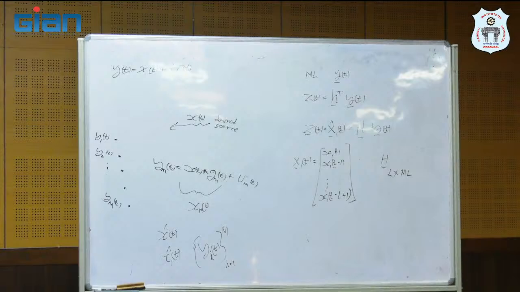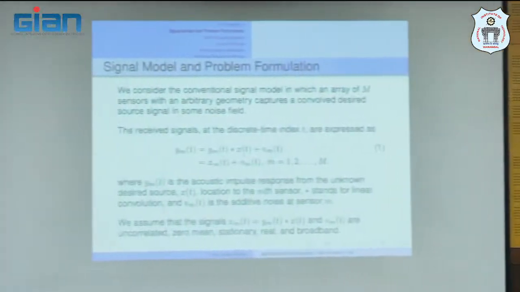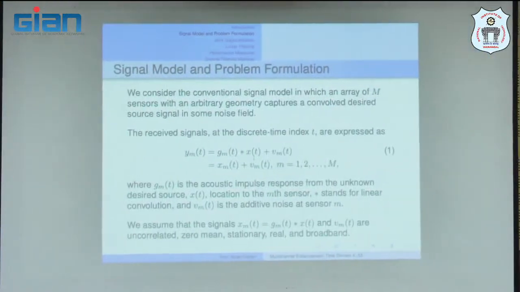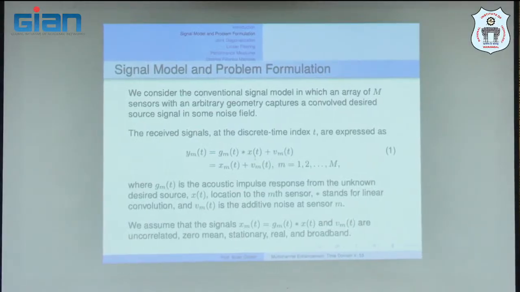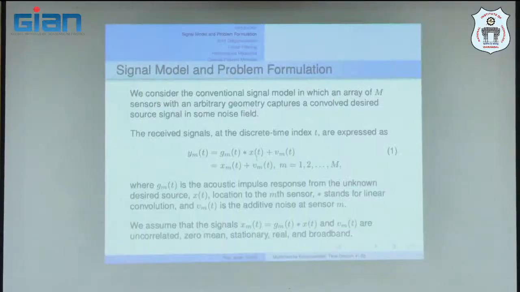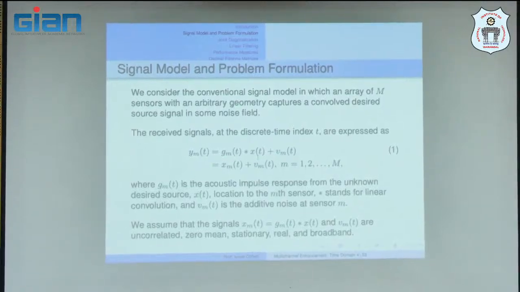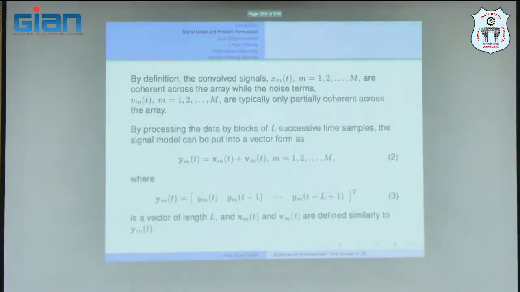Okay? So maybe it's a lot of information for a short time, but you will understand all of this gradually. Even if I put maybe too much information in a short time, let's go through the mathematics and you will see that it's not that complicated. Here we have the measurements, and the first step is to take L samples for each sensor.